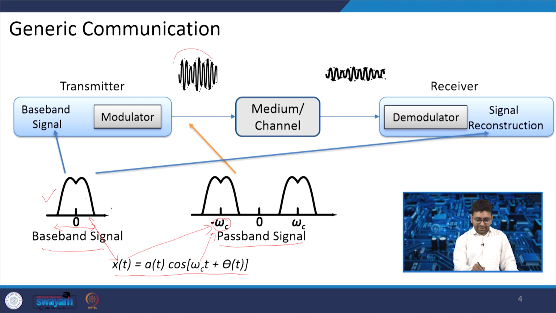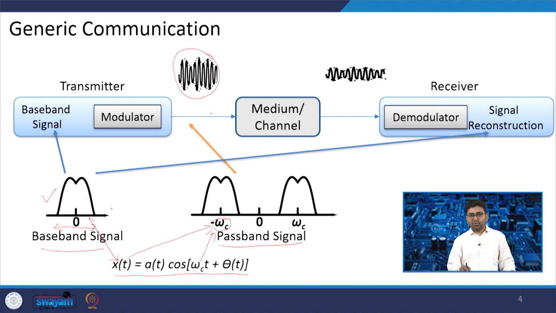So, the passband signals will look like this, and then that signal will travel over any medium. There is a possibility that this medium will be optical fiber, or it can be wireless. So, there is a medium or some kind of channel in between, and the signal will travel over a distance.